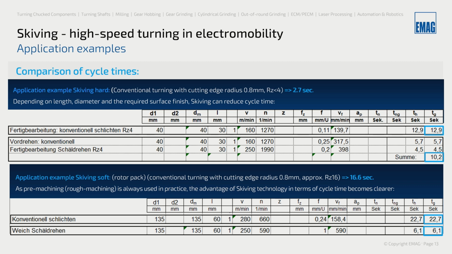Here you see finish cut with conventional inserts with 280 meters surface speed and feed weight of 0.24 millimeters with 22.7 seconds. And for the skiving process, surface speed is a little bit lower with 250 meters, but the feed weight was 1 millimeter, and so we need 6.1 seconds, or we are 16 seconds faster than with a conventional cut.